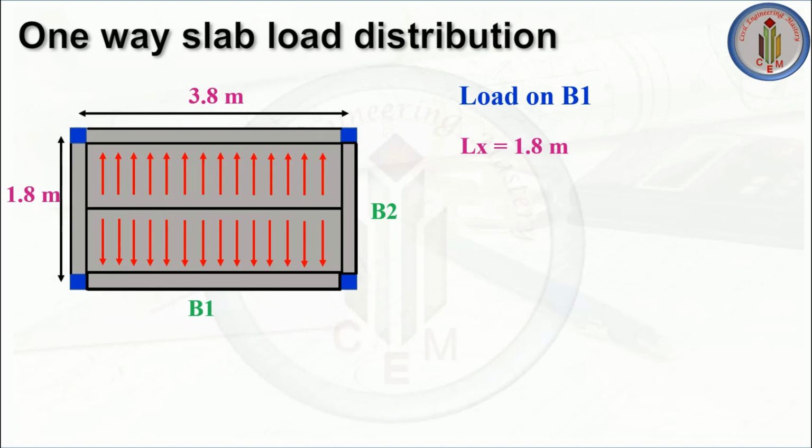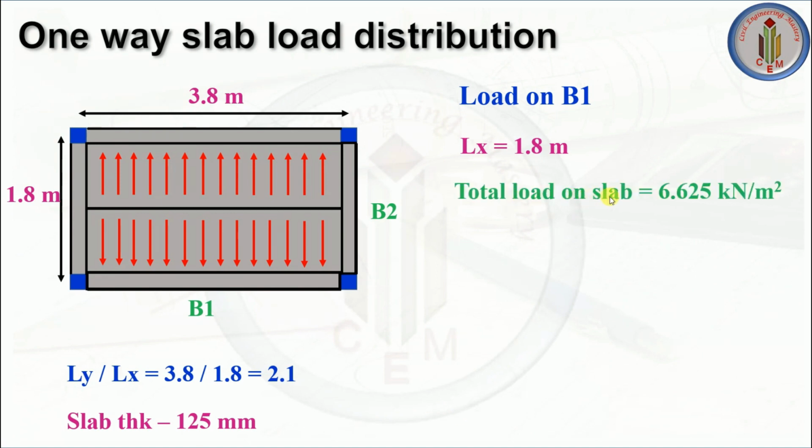Please do remember this. Let's calculate LY by LX, that is 2.1. So it is a one-way slab. Total load on slab we know is 6.625 kilonewton per meter square. This includes dead load plus live load. So how will the load get distributed here? We know the total load coming on slab. That load is divided into 2.